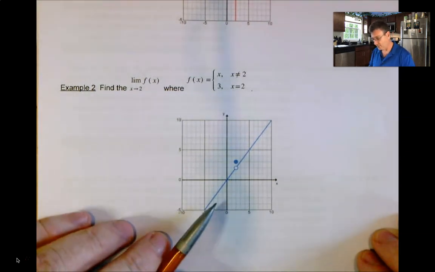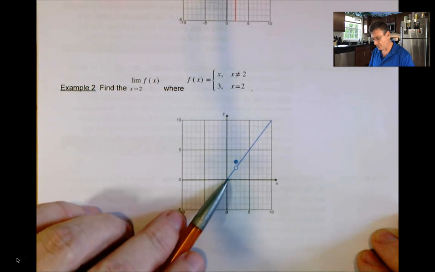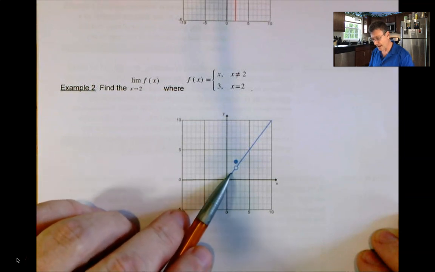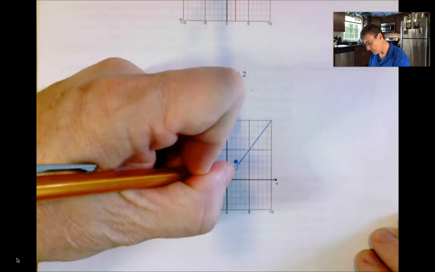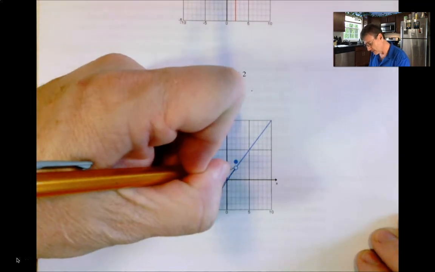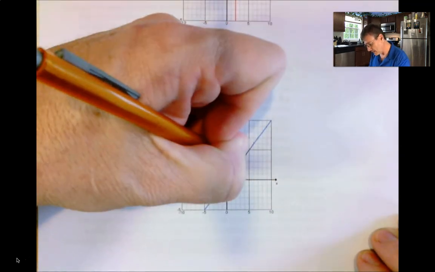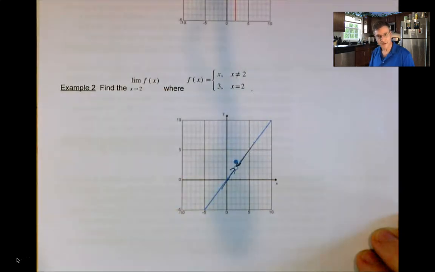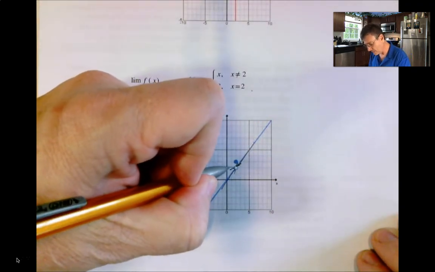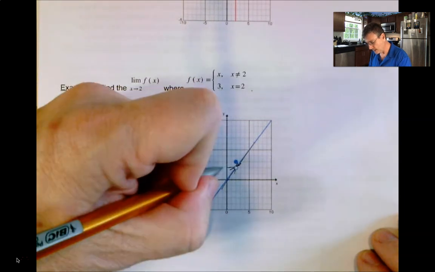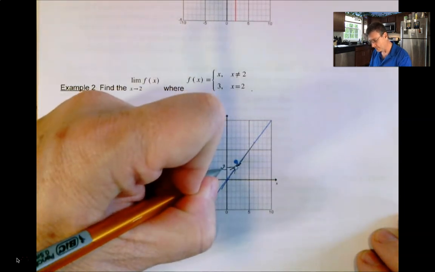But as we look at this graph approaching 2 from the left and from the right, we are approaching the same location, the same value, which is right here.